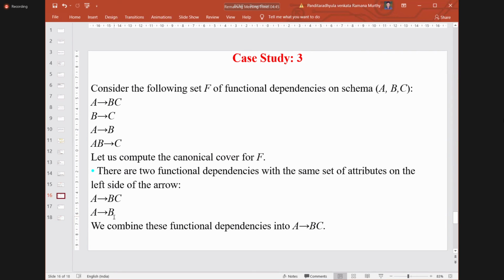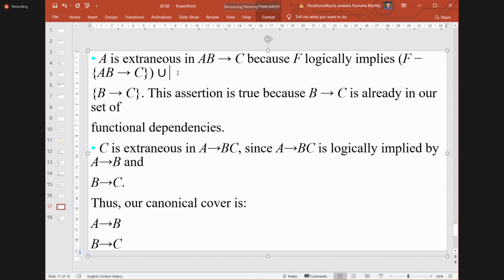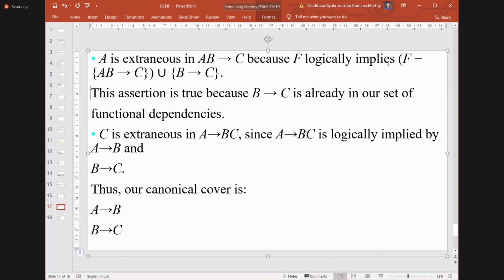We can eliminate A derives B. A is extraneous in AB derives C, an additional rule, because F logically implies AB derives C, and B derives C is already in our set of functional dependencies.